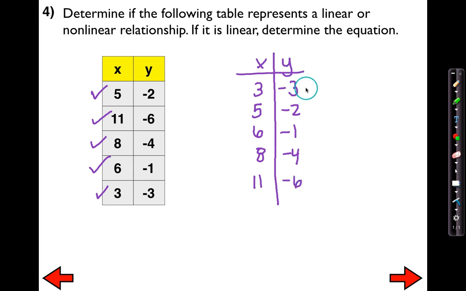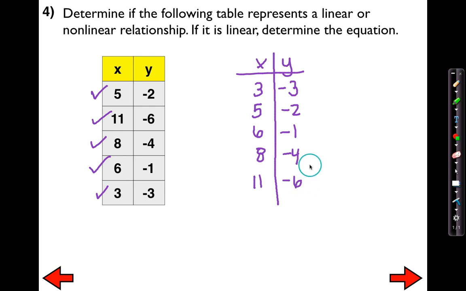So let's look and see, do we notice a trend here? Well, first of all, I notice it was getting larger, right? Going from -3, -2, -1, and then it started getting smaller. So right away, I know this is going to be nonlinear.